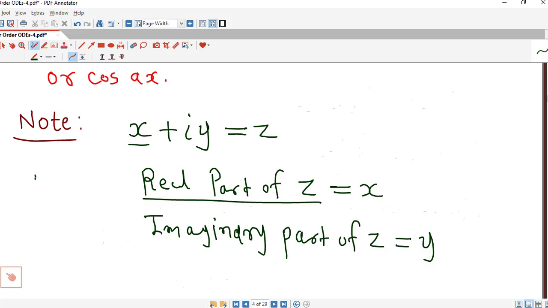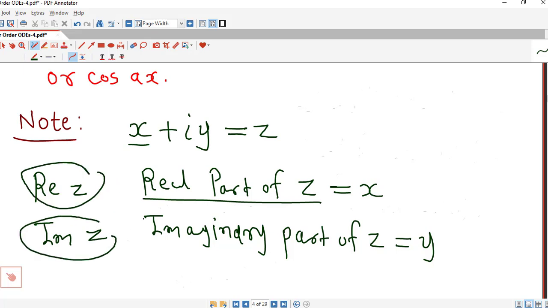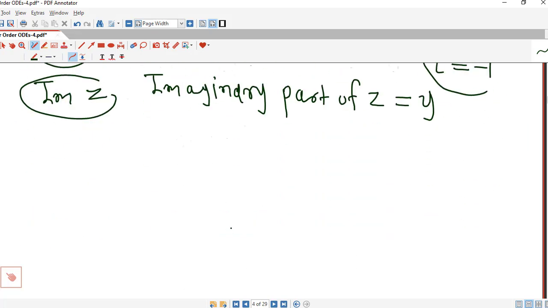Shortly we can write this as Re(z) and Im(z); these are the notations for real and imaginary parts. Here we know that i is nothing but the square root of minus 1, or i squared has value minus 1. We are familiar with the conjugate of a complex number also.